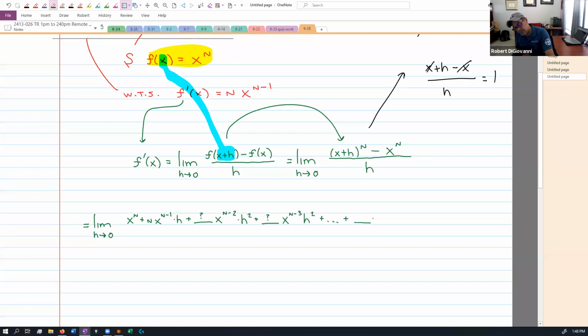And then I had some number, an x, h to the n minus 1, plus the very last one was h to the n. On the n minus 3, you have h squared. Shouldn't it be h cubed? Yeah, sorry, that should be h cubed. Thank you.